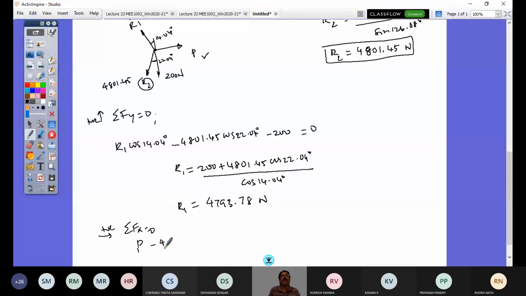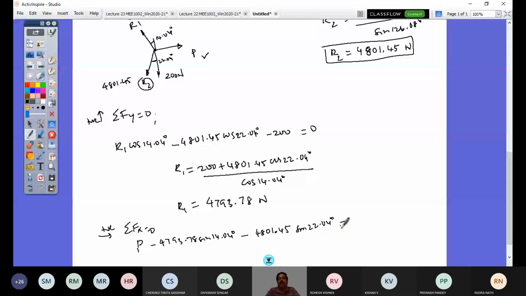This horizontal component, since this angle is to the vertical, is sine of the angle into its magnitude. Then minus R2, where R2 is 4801.45 and that angle is 22.04, so sine 22.04 degrees, and that is all equal to 0.